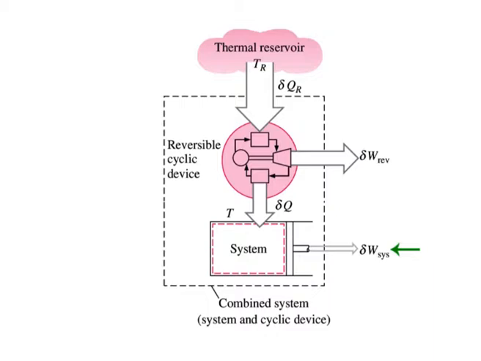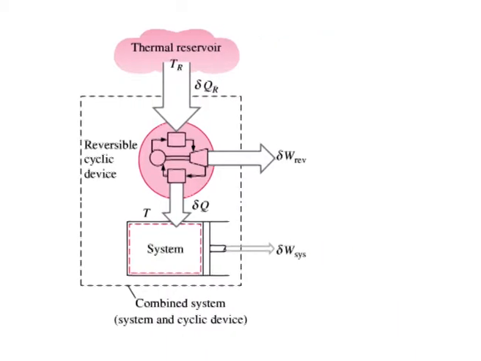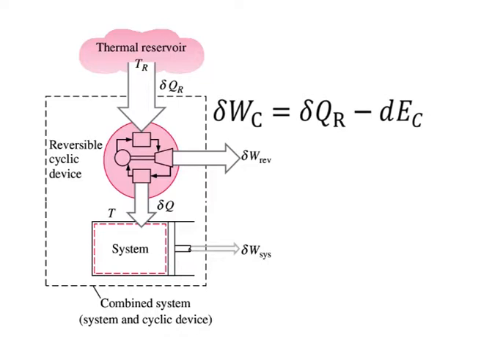Applying the energy balance to the combined system identified by dashed lines yields delta W_C is equal to delta Q_R minus dE_C. Here delta W_C is the total work of the combined system and dE_C is the change in the total energy of the combined system.